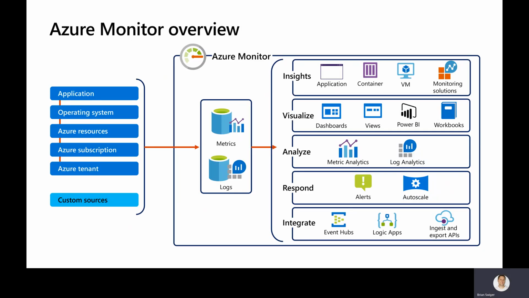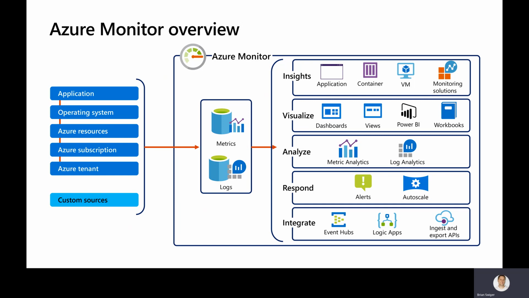So Azure Monitor at a high level, it shows a high level view here of Azure Monitor. The center of the diagram are the different data stores for metrics and logs. It's really where you have to focus, is understand the different types of data in terms of metrics and logs, and they're the two fundamental data types used by Azure Monitor.